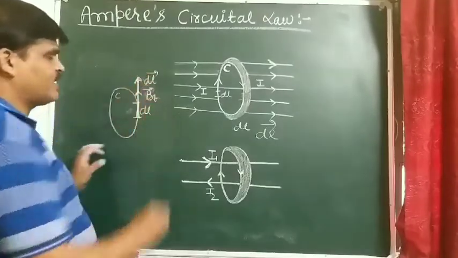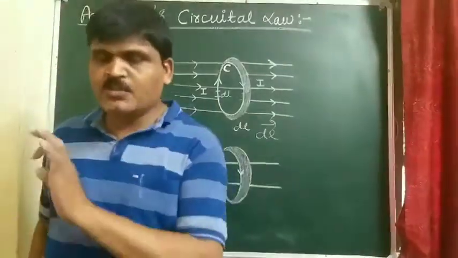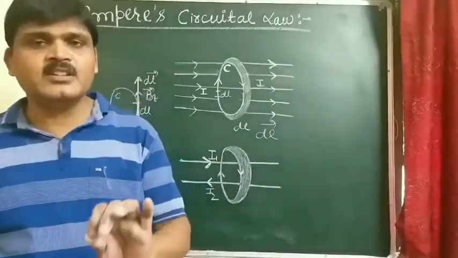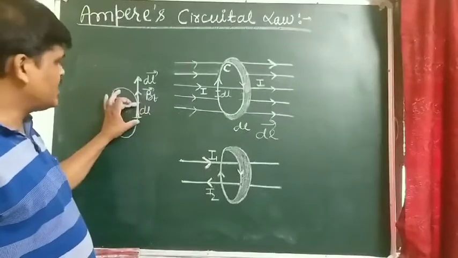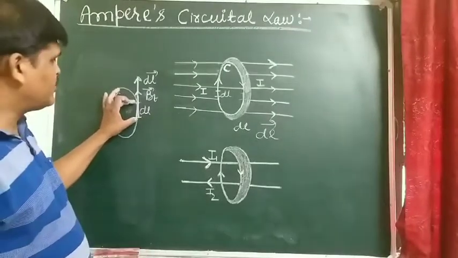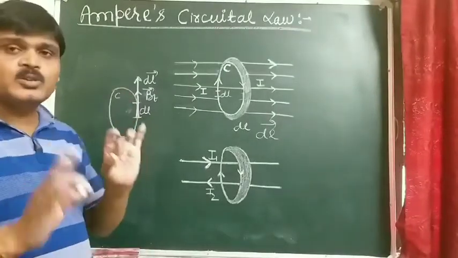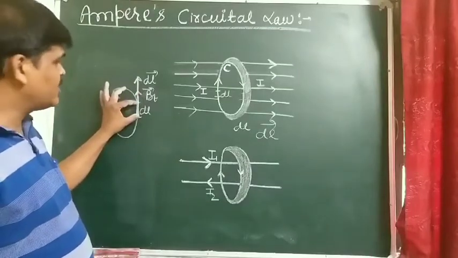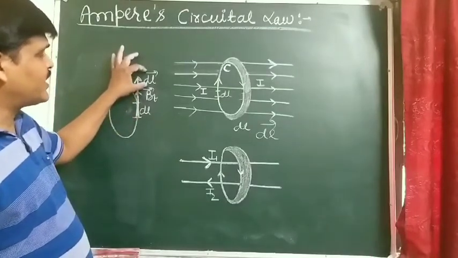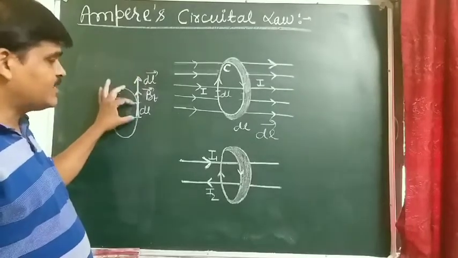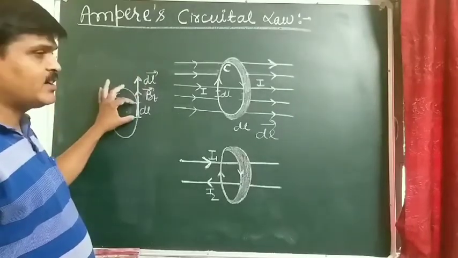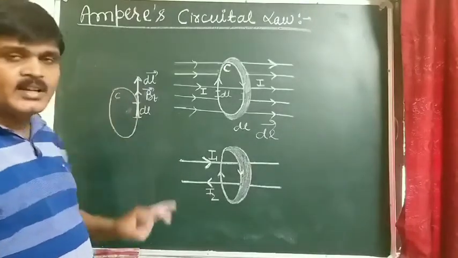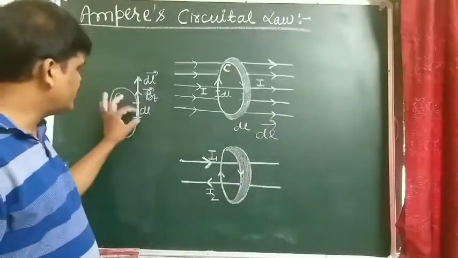So the direction of the length dl can be shown by the vector dl, which acts tangentially to the given length element dl.